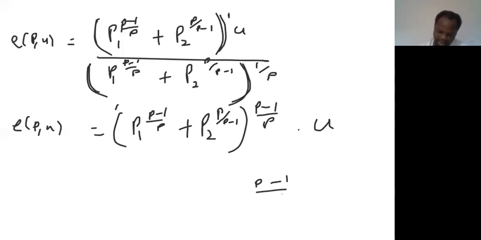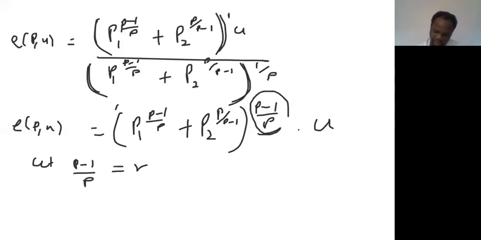Let's say phi minus 1 over phi is represented with R.